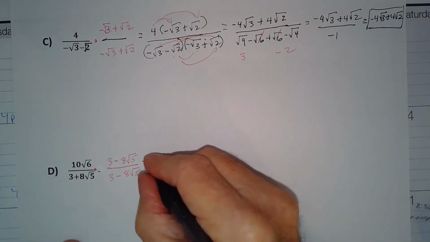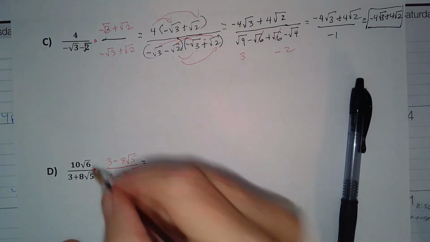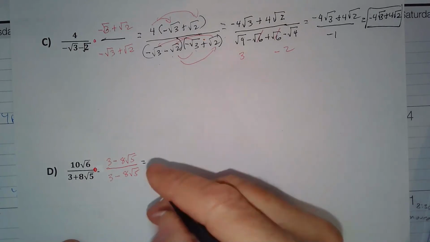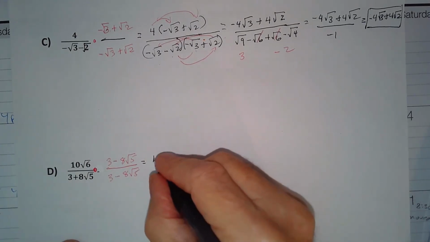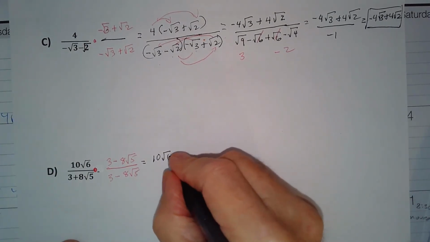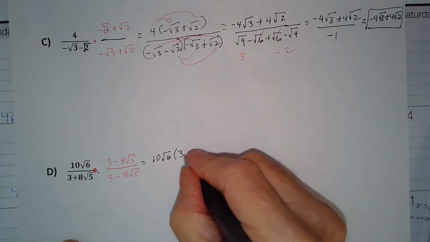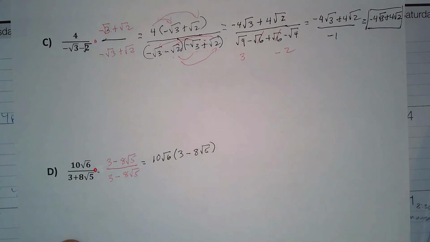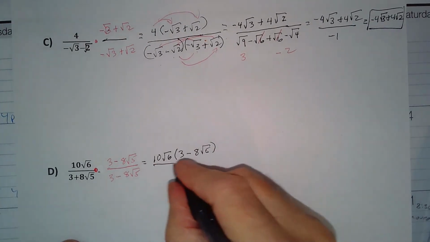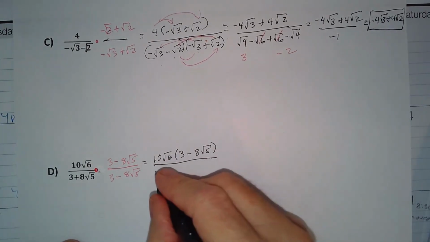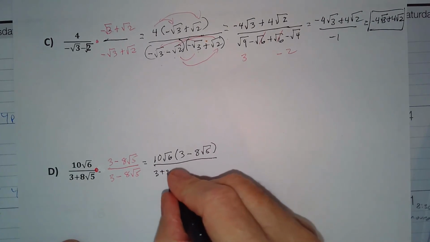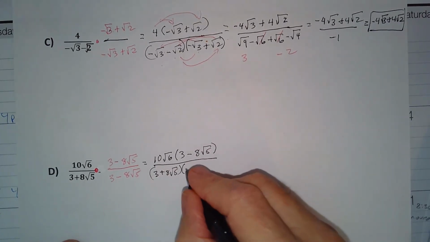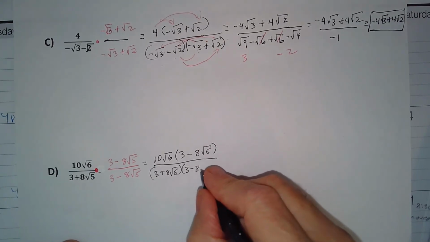So that equals, so that's the multiplication sign there. So 10 square root of 6 times 3 minus 8 square root of 5 divided by 3 plus 8 square root of 5 times 3 minus 8 square root of 5.